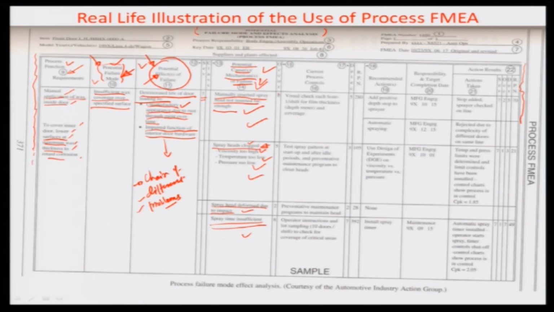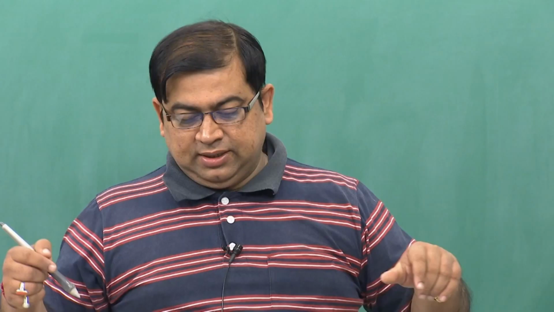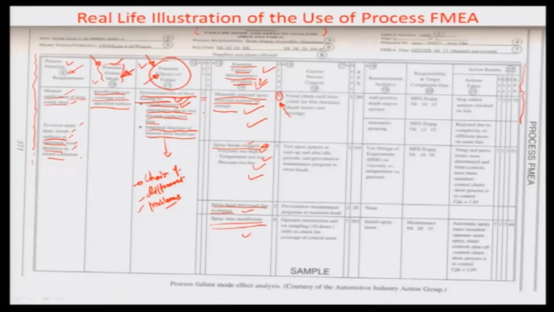That's probably one of the more potential reasons, and on a 0 to 10 scale, the concerned engineer at that particular process level has rated the occurrence at 8. Therefore in 80% of the cases, the reason why this failure of the deteriorated life of the door occurs is because the spray head is not able to go as far in between the door inner and outer, and that's why it's a high level of occurrence.